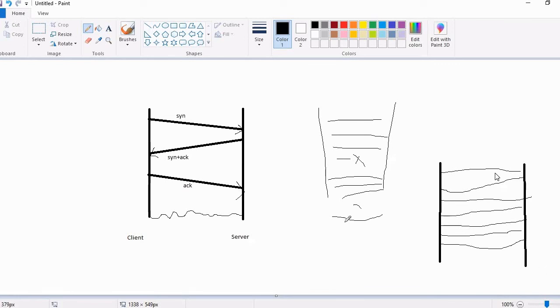It will try to establish the connection again using the three-way handshake. If it does not get the SYN plus acknowledgement again, the server is unavailable. So it will either try to reconnect, or refuse that connection for now and try again later to connect with the server.